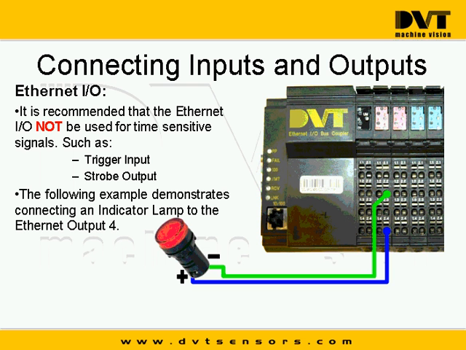You can see them highlighted in pink. In my application, I actually have 4 of these output modules. So what you'll see when I show you the software side of things is that I actually have a lot more outputs than just the 8 here. I'll actually have 16 available to me. And likewise, it works the same way for my inputs because I have 4 of those modules as well.